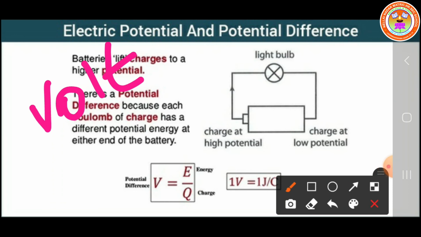The term mentioned on the board, volt, is the measurement for electric potential difference. So the SI unit of potential difference is volt. Have you understood, students? Volt is a unit of potential difference or voltage.